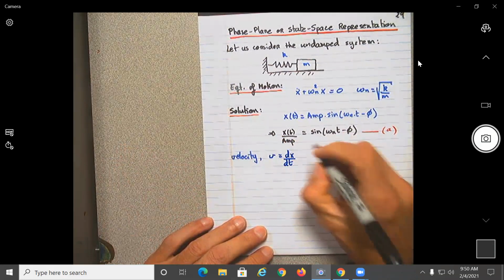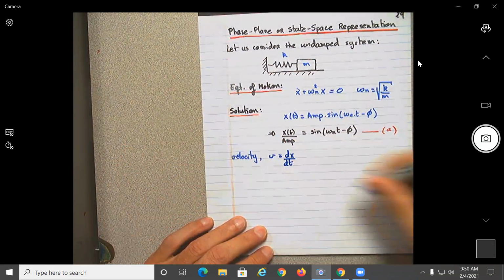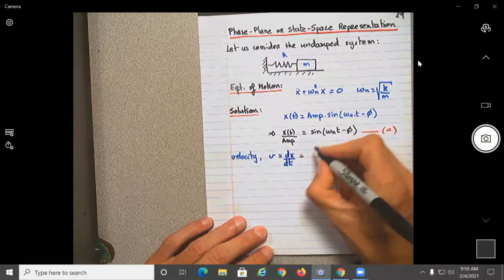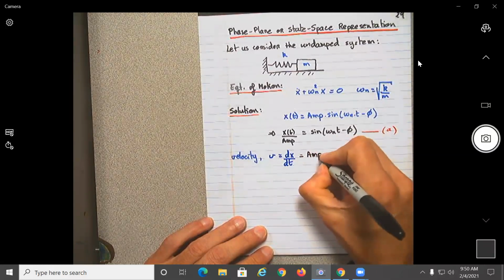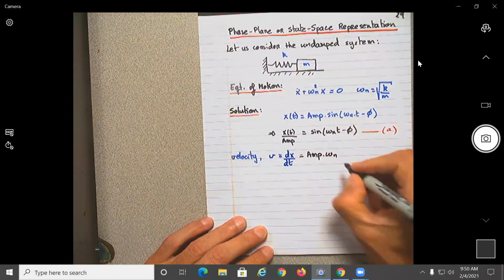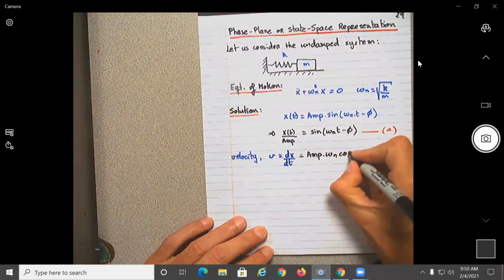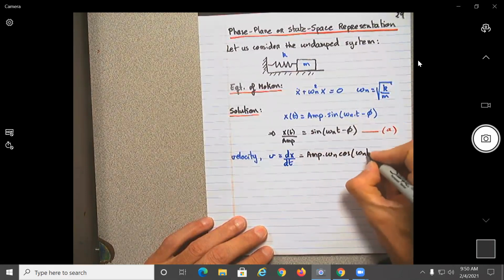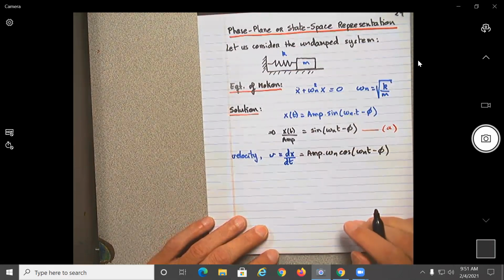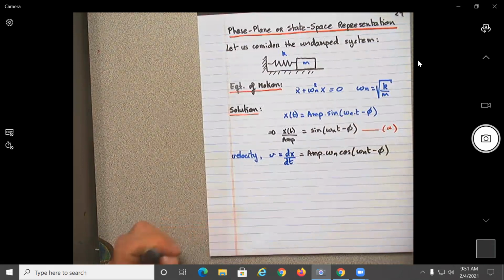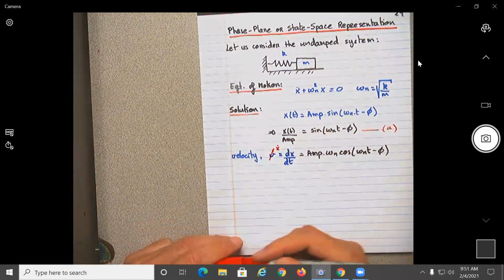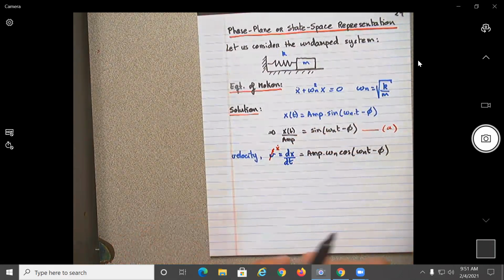Okay, so this will be equal to the amplitude. Now we differentiate with respect to t, so omega n cosine omega n t minus phi. And we know that the velocity can also be written as x dot.